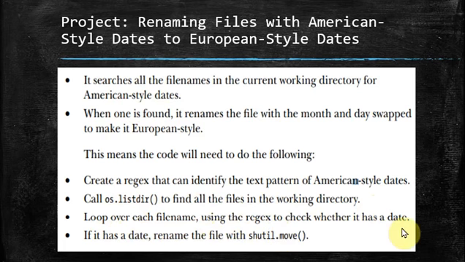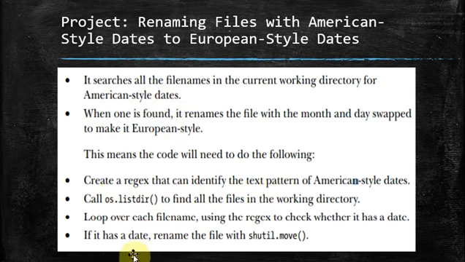So the next step is that os.listdir is going to give you all the files in the working directory. You have to loop through all the file names and check whether the file name contains any date in the American style. That regular expression we have already mentioned. So all the file names are matched against the regular expression.